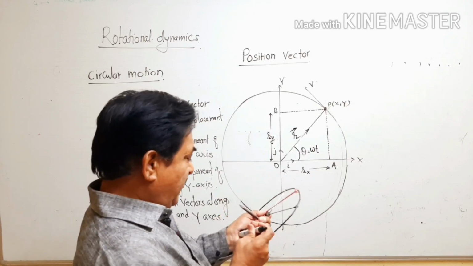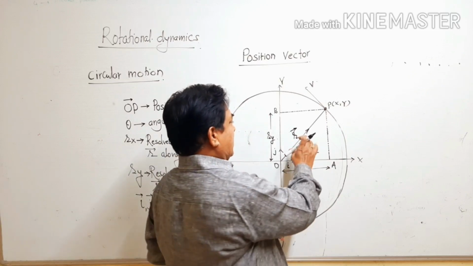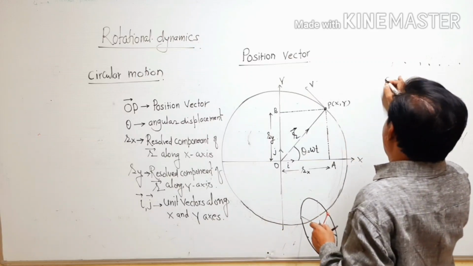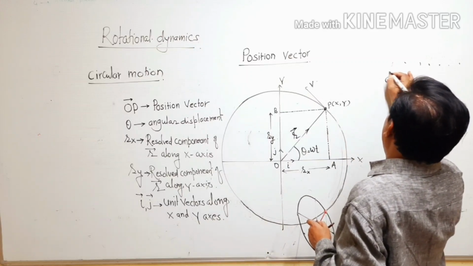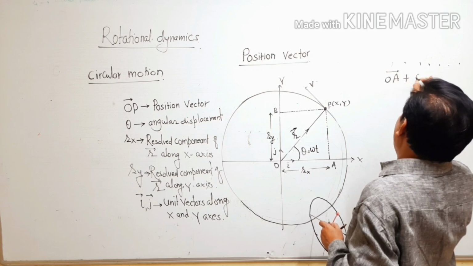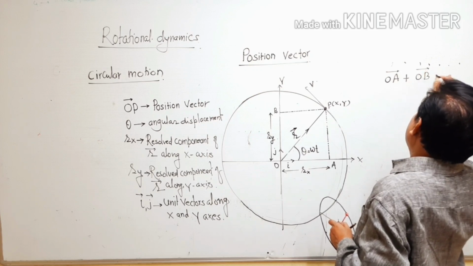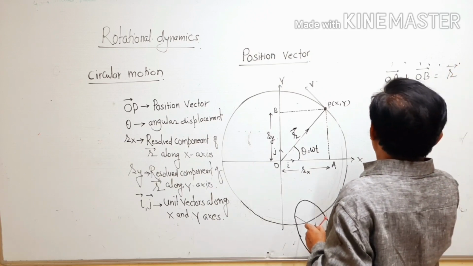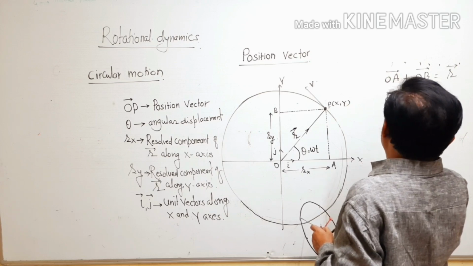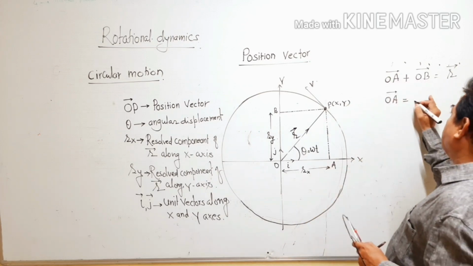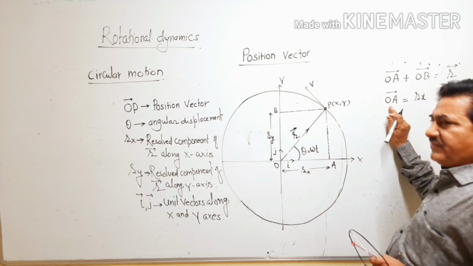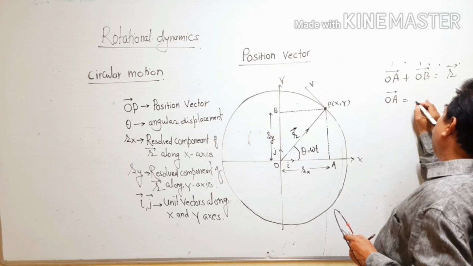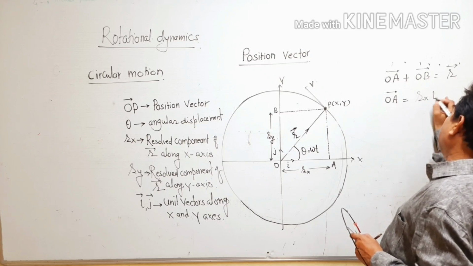Here, if we use the triangle law for vector addition in this figure, then vector OA plus vector OB is equal to vector R. But vector OA is equal to Rx, the magnitude of vector OA, multiplied by the unit vector i.